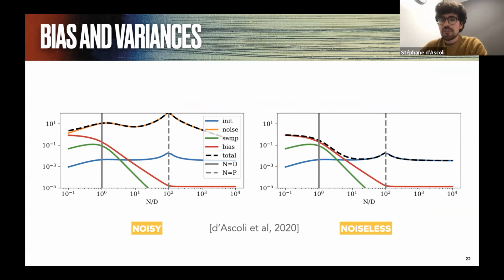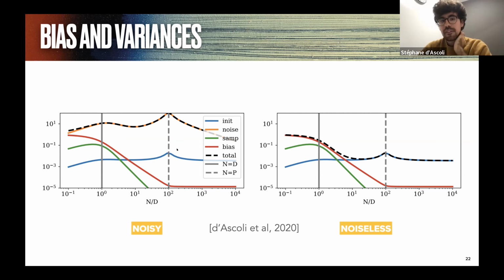The second thing I wanted to show, to try and understand where these two peaks come from, is to decompose, again as we did previously, into bias and variance. On this left-hand plot, when we have noise in the labels, the error is dominated by the noise, and the noise peaks both for n equals p and n equals d. So you can really see that it reinforces the two peaks. This is very different from the initialization variance, which only peaks when n is equal to p.